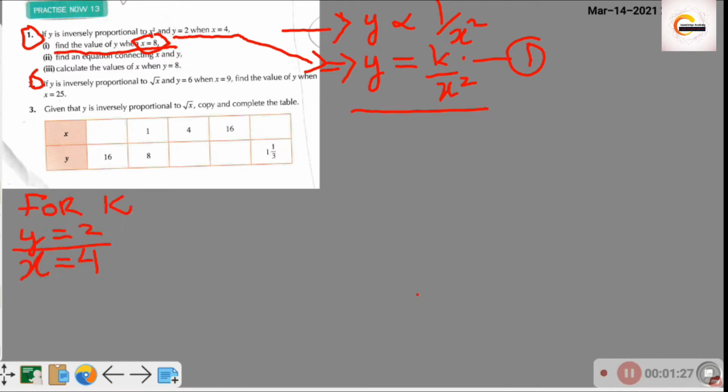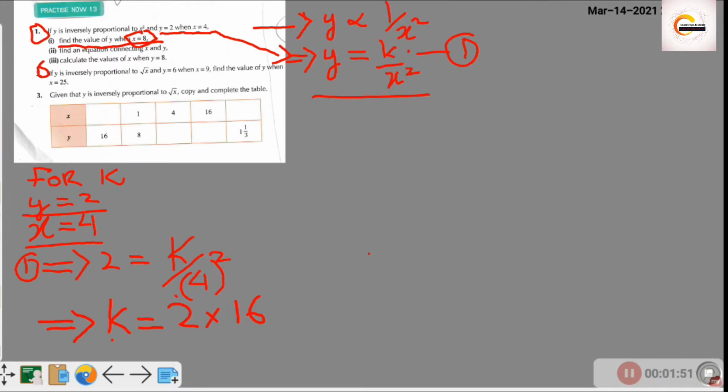y is equal to 2 and x is equal to 4. So formula 1 becomes 2 is equal to k upon 4 whole square.